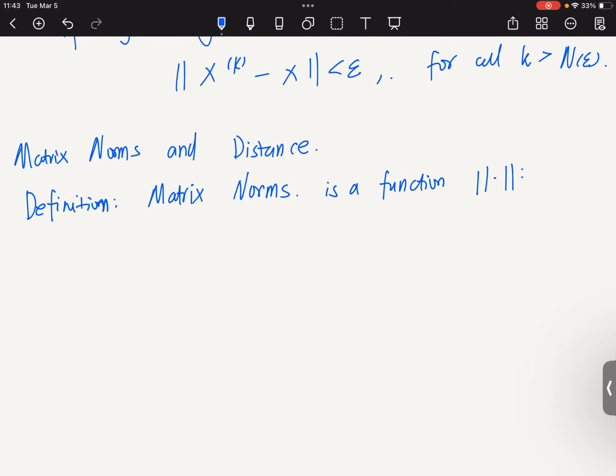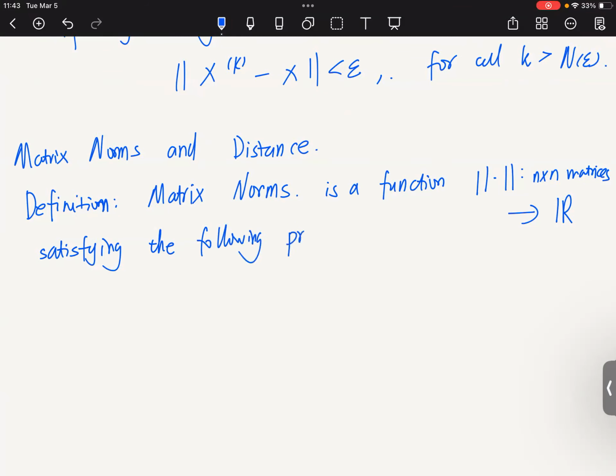It maps the n by n matrices to the real numbers. The matrix norm is a function mapping the set of n by n matrices to the real numbers. It should satisfy the following properties.